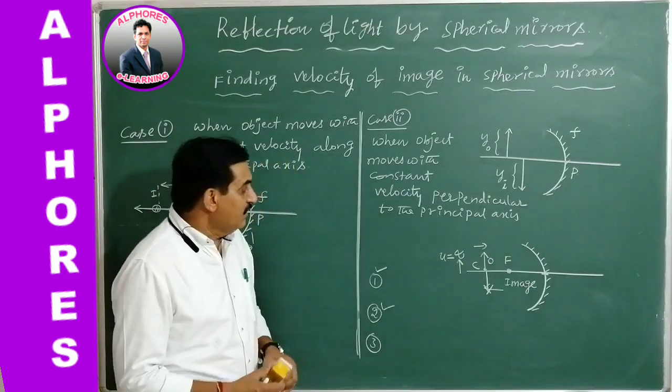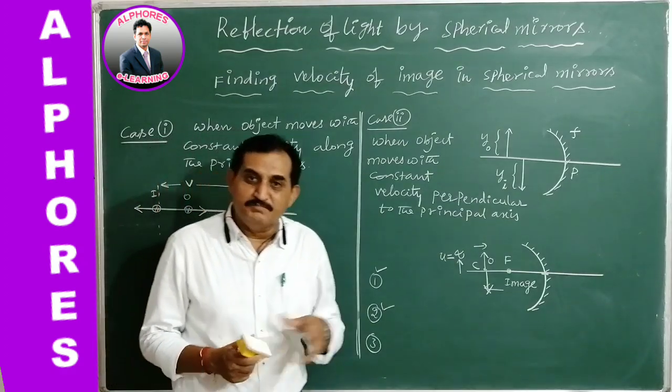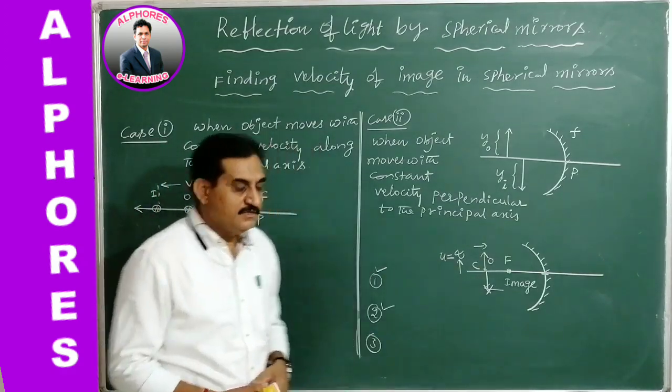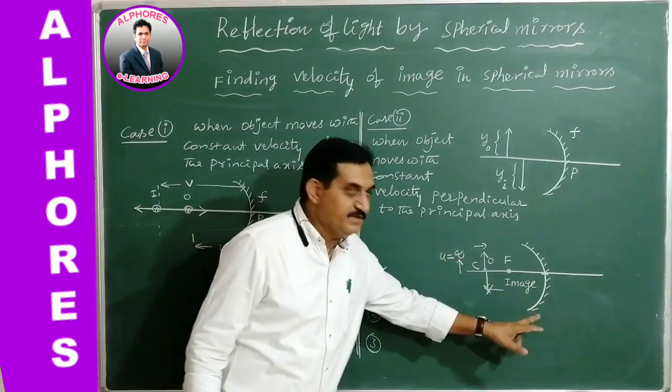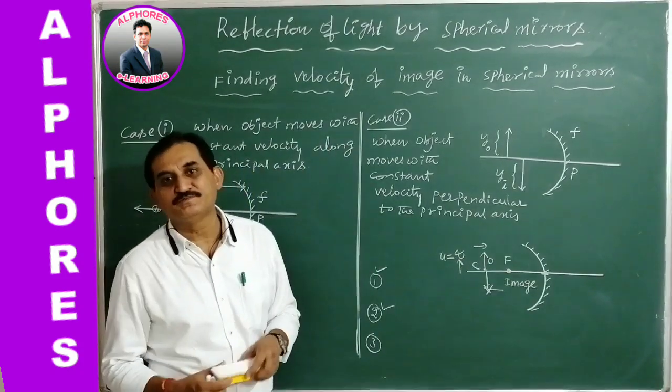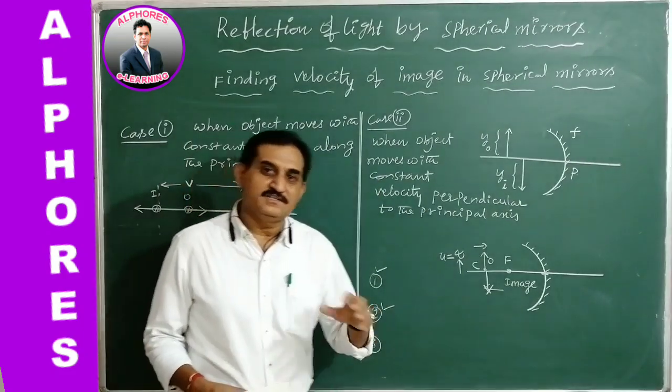Next, if the object reaches infinity, it means the image has a big, magnified size, where the velocity of the image in the spherical mirror is said to be a greater amount. So this is the understanding of how the velocity changes.